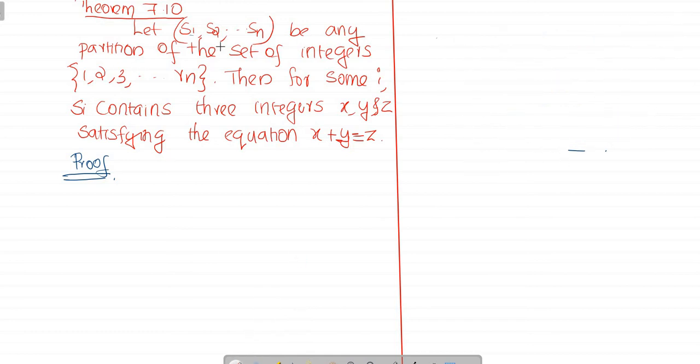Here we have assumed that S1, S2, etc., Sn be any partition of the set of integers 1, 2, 3, etc., up to Rn.